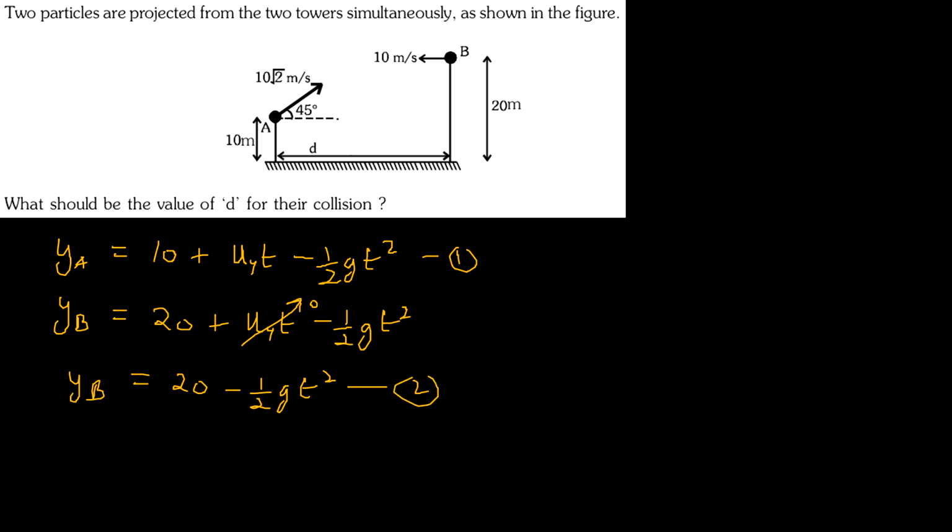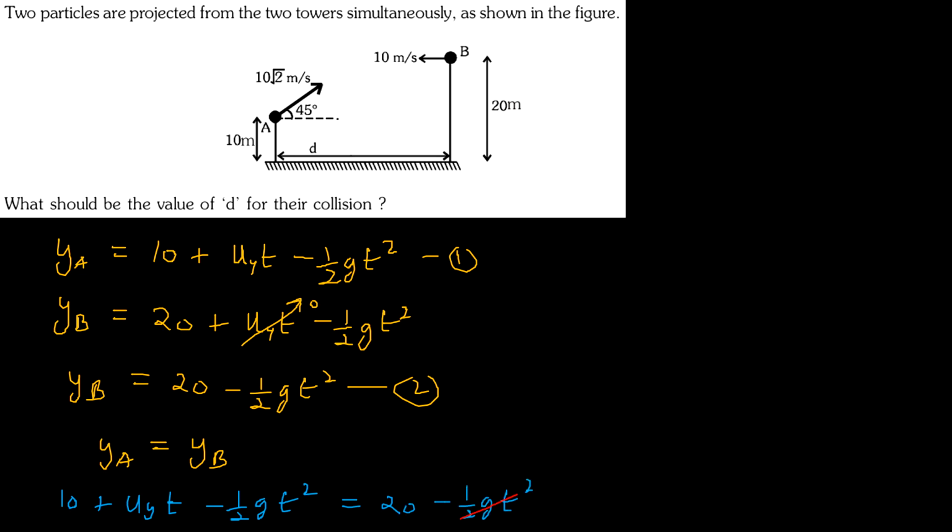Now when they collide over this point, their both heights from the ground will be equal, right? So can I take ya and yb as equal? Okay, now I am taking ya equals to yb. Now what you will see here, if ya and yb are equal, then 10 plus uyt minus half gt square is equal to 20 minus half gt square.